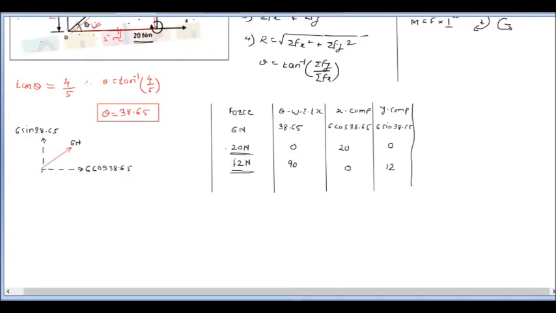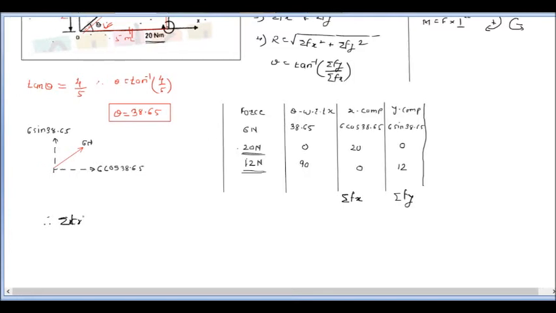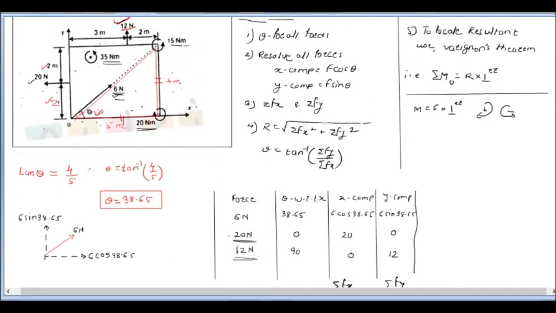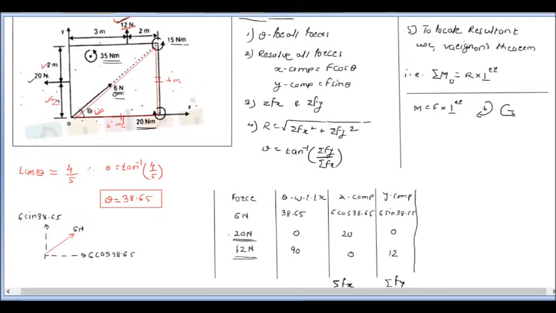Now simply we will calculate the summation of f of x and the summation of f of y. So the summation of f of x equation will be equal to, either you can write down this equation or calculate directly from here also, 6 cos of 38.65. Sign convention for the 20 Newton force: it is acting along the negative direction, so we should assign a minus sign here. 6 cos of 38.65 is plus, here also it will be plus.